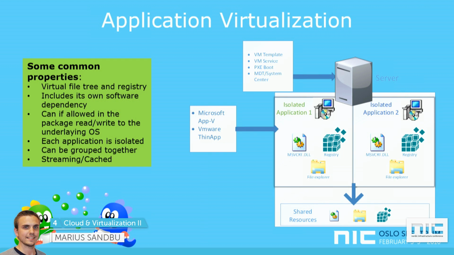Now, most applications are isolated. We can define an isolation layer, or define how it should work: if the application is going to read and write into the isolated container, or if it's allowed to go directly to the file system underneath. This is something we can define when we're doing the packaging or capturing sequence.